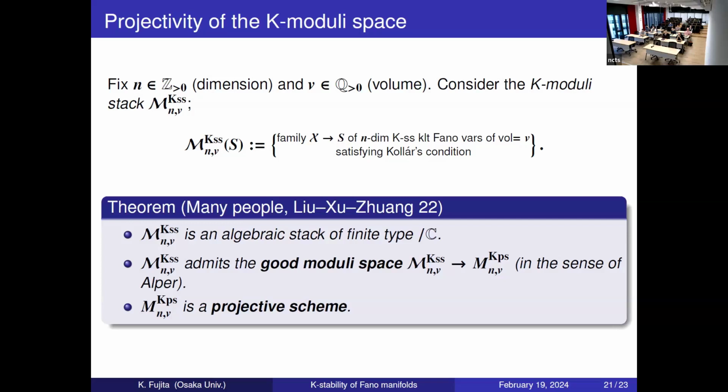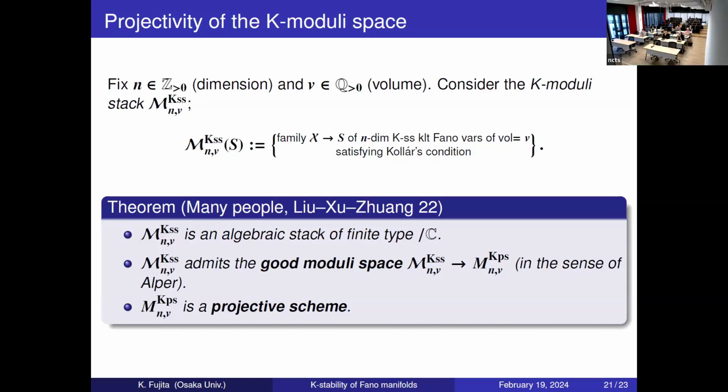Actually, good means functorially very good. For example, the set of C-valued points of KPS is in one-to-one correspondence with the set of isomorphism classes of K-polystable n-dimensional anticanonical volume V Fano varieties. That's why I denoted KPS.